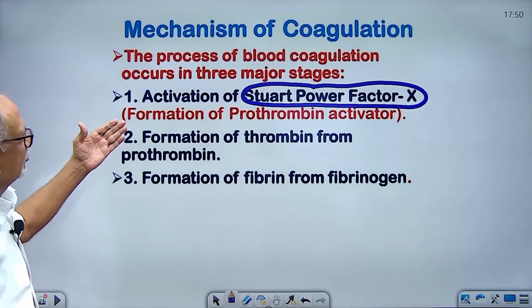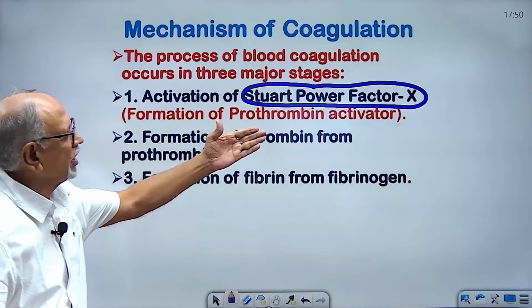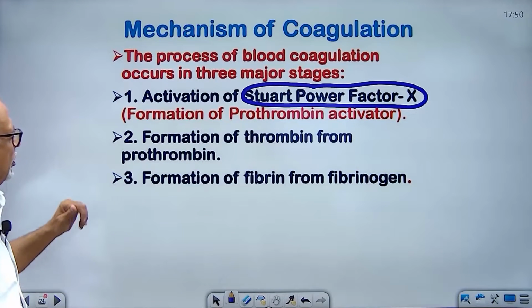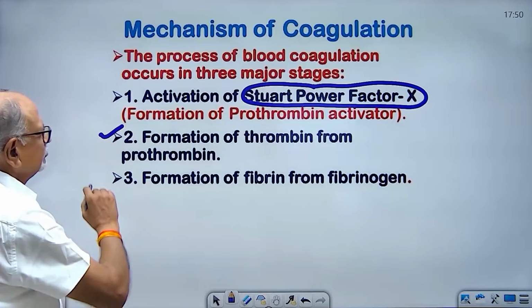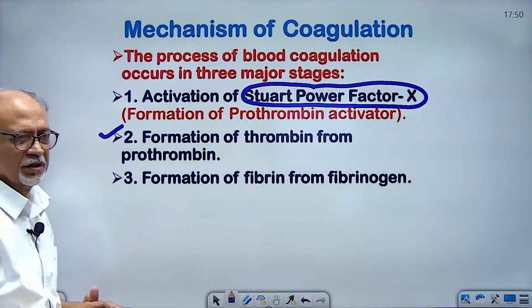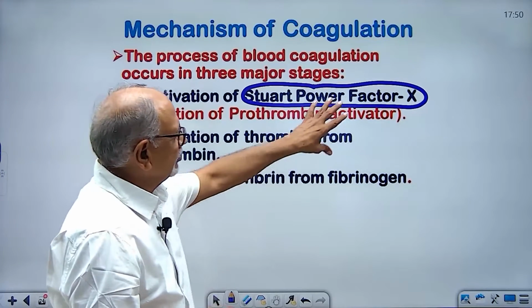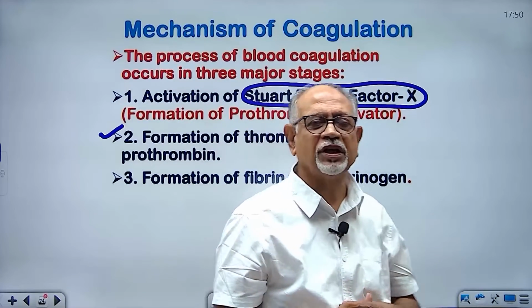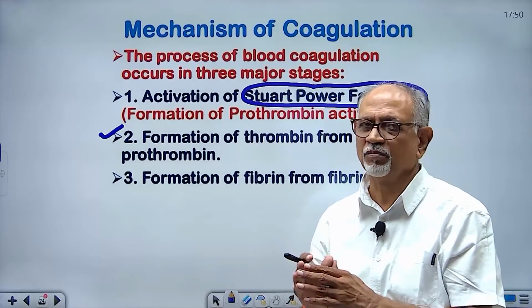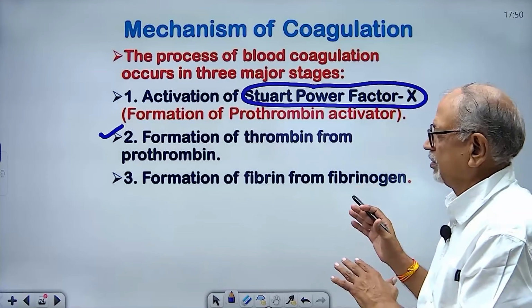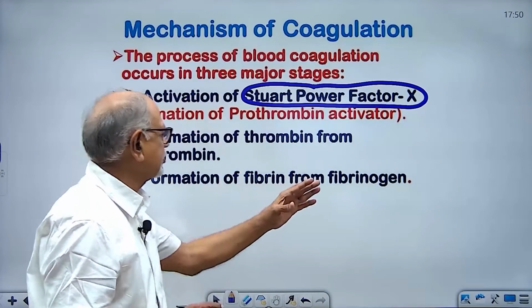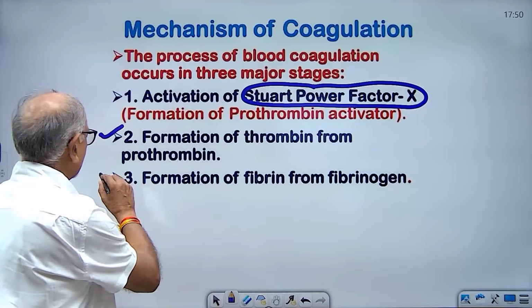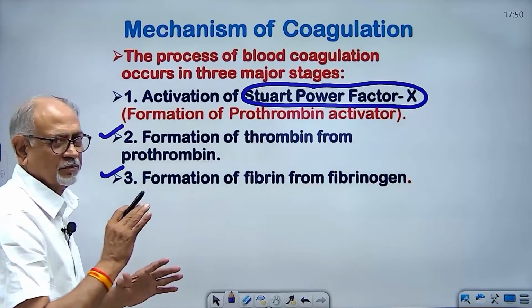That means formation of prothrombin activator. Second one is formation of thrombin from prothrombin. This activator plays an important role in conversion of prothrombin to thrombin. And third one is the formation of fibrin from fibrinogen.